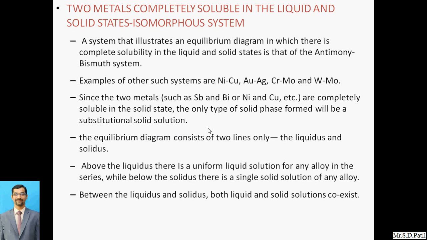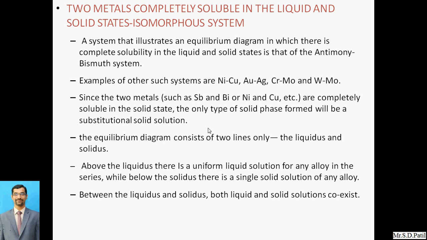The equilibrium diagram consists of two lines only, the liquidus and the solidus. These are the two phases there. In the next slide we will see what the liquidus and solidus are. The equilibrium diagram contains the solidus and liquidus for Sb and Bi.